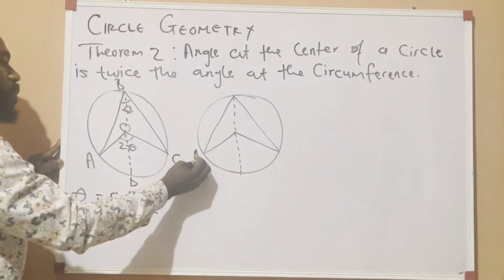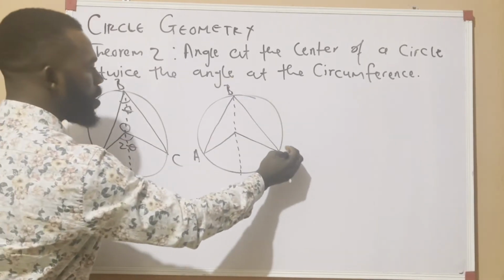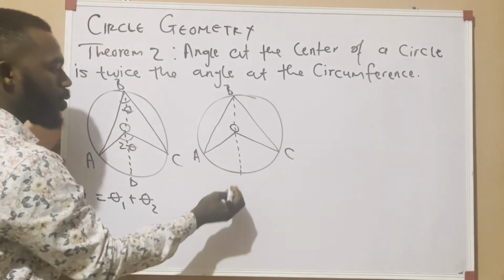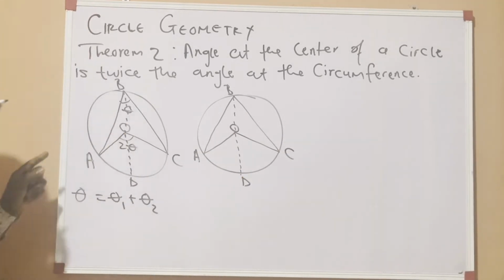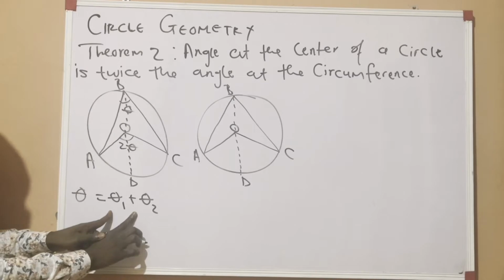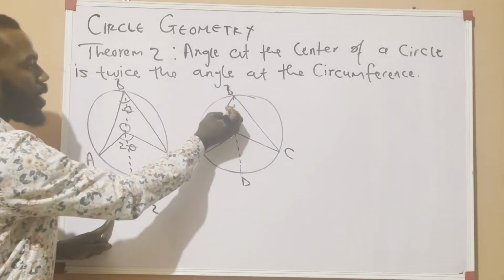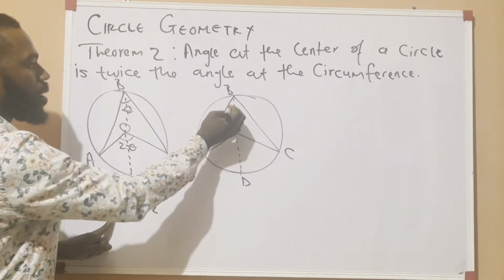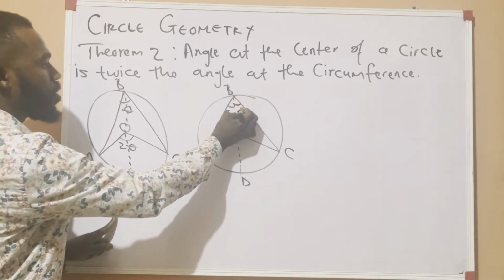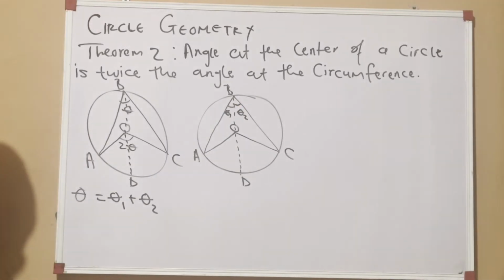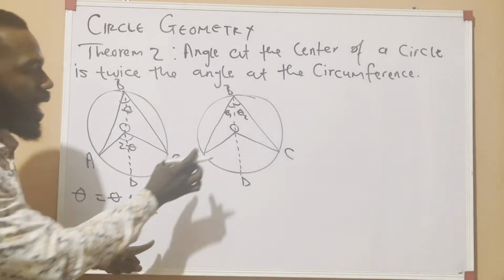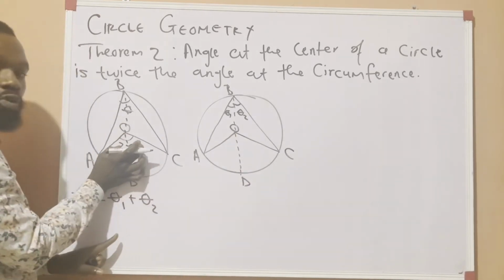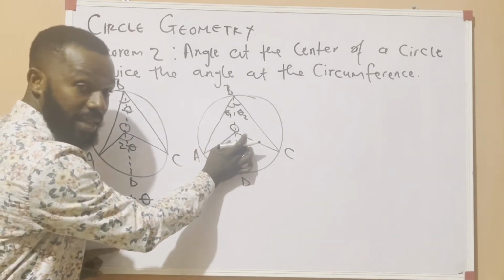Here is A, B, C, and this is center O, and this is point D. According to our definition here, the angle here is theta 1, and the angle here is theta 2. Now we are looking for this angle, which is 2 theta, so we're not going to put anything here yet.